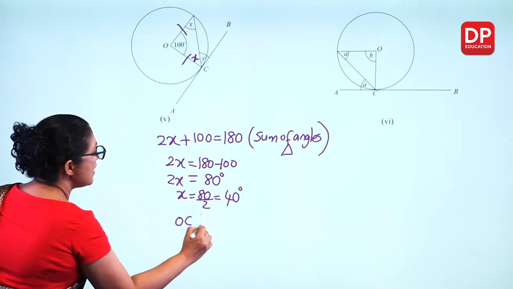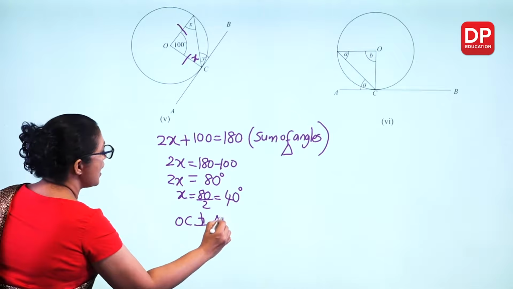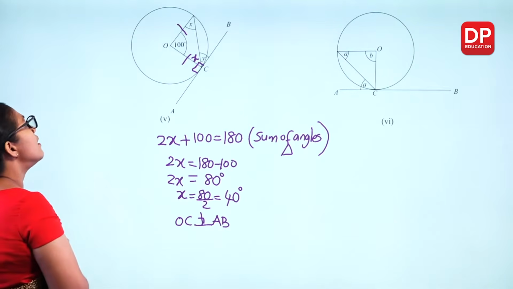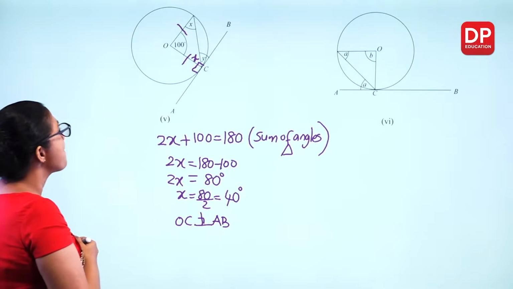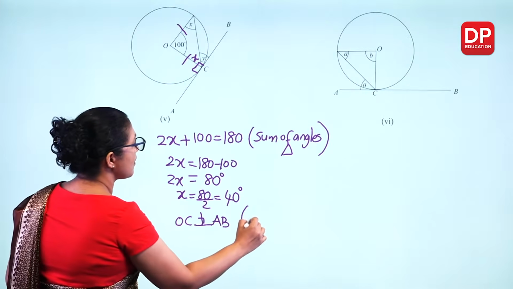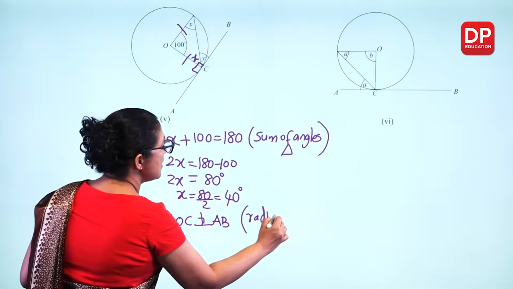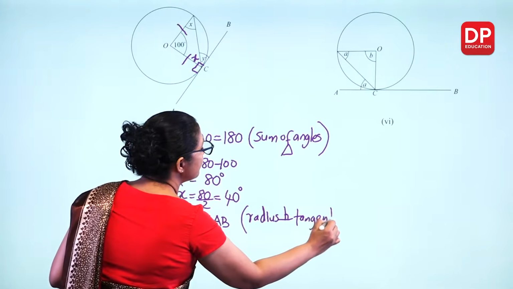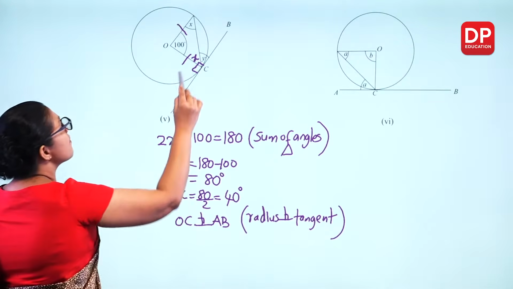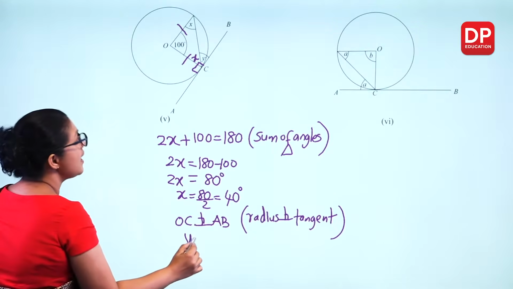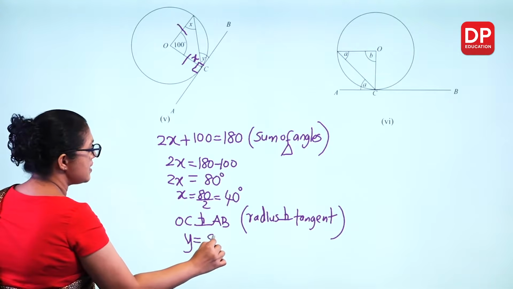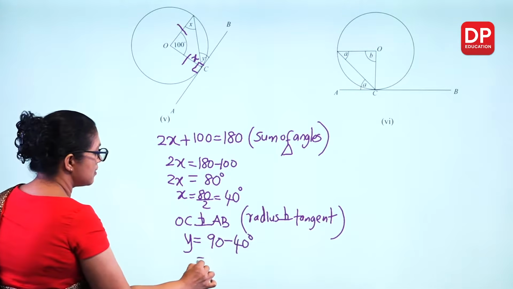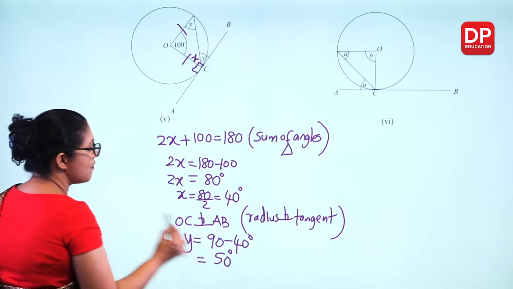OC line is perpendicular to AB because of the theorem: radius is perpendicular to the tangent. So what's y? Y equals 90 minus x. X is 40. So you get 50 degrees.